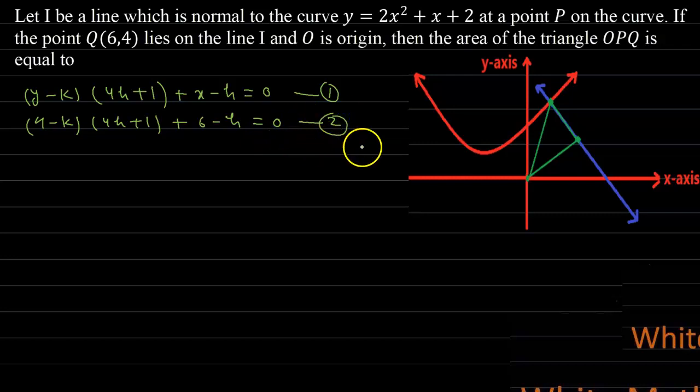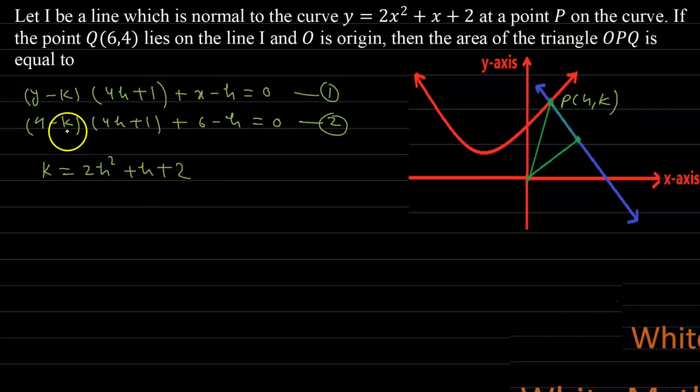Now since this parabola is passing through the point P, the coordinates of the point will satisfy this equation. So put x = h and y = k in this equation, then this will become k = 2h² + h + 2.